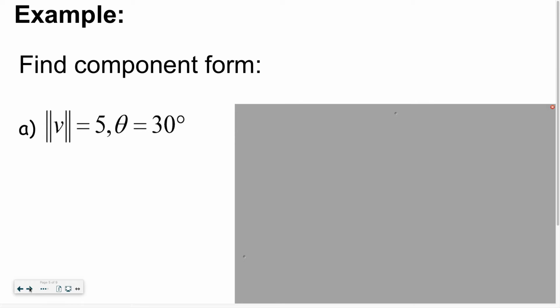So we're given a magnitude of 5. We are given an angle, direction angle, 30 degrees. We want component form, v sub 1, v sub 2.